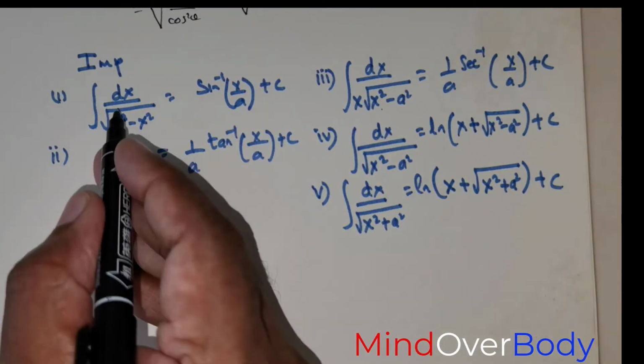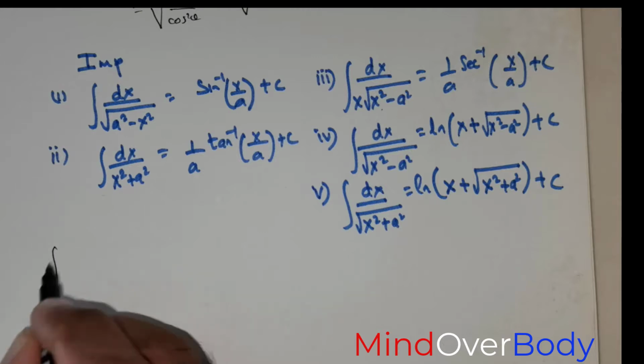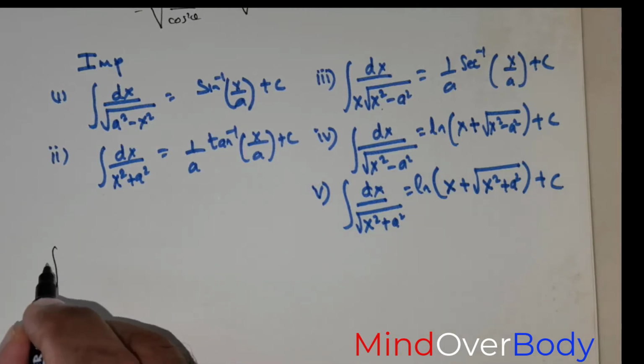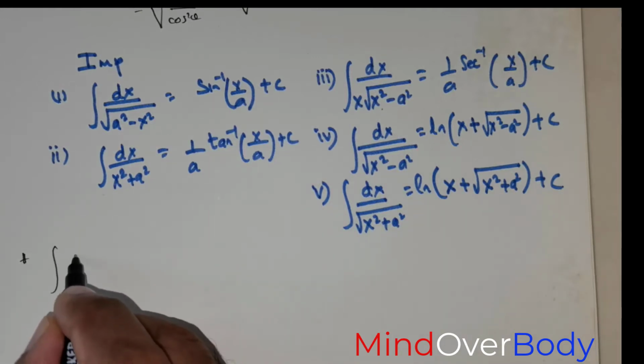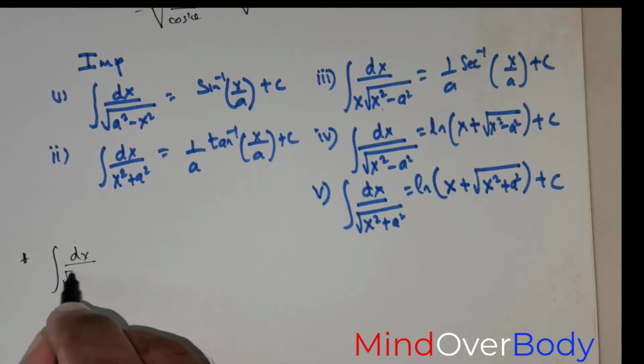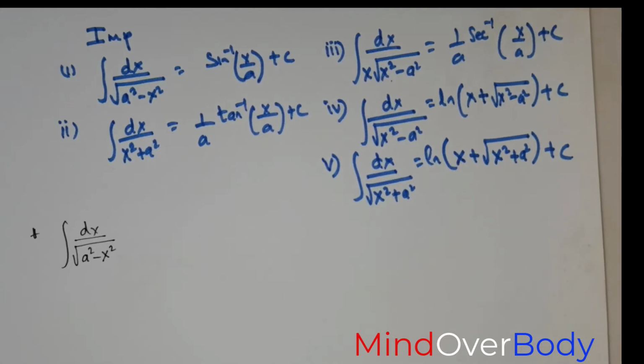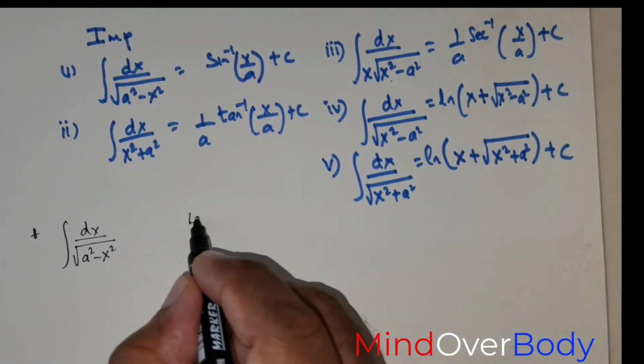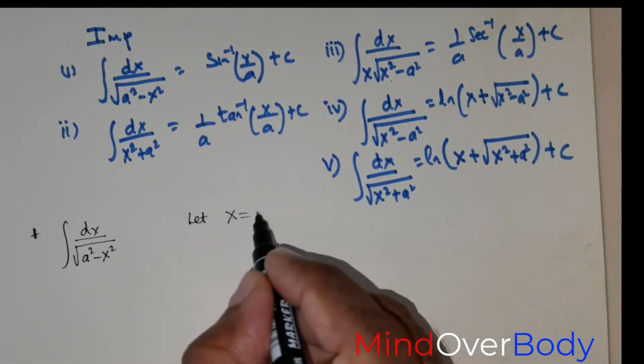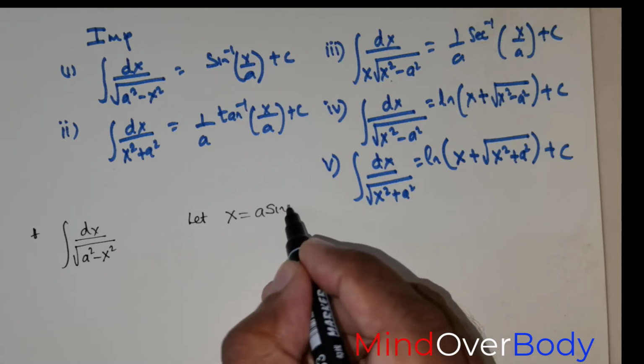So let me show you how we can get this integral formula. We are given the integral of dx over square root of a squared minus x squared. What I'm going to do is use the substitution technique. So let x be equal to a times sine theta.